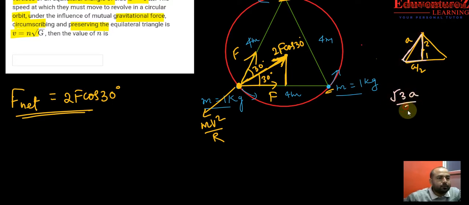The radius is 2/3 of the height, so the remaining part, its 1/3 value, will be a by 2 root 3, and this one is a by 2.